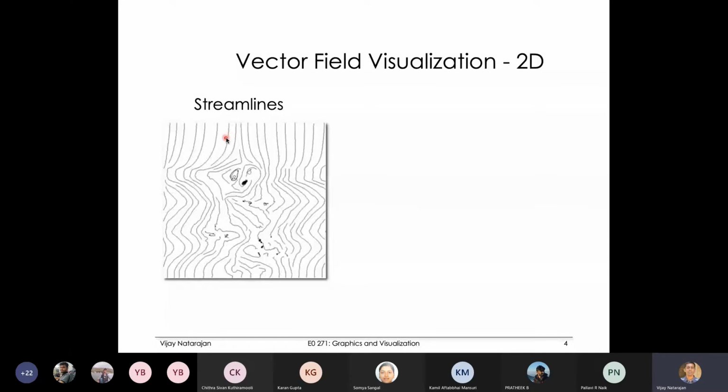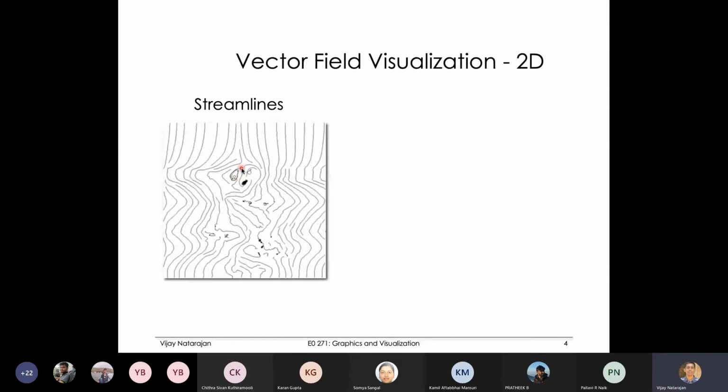So you can quickly see that when the vector goes to 0, which is what will happen when you have something like a sink, a sink point where all the vectors plunge towards it, you may have a sink somewhere here where the vector goes to 0. So there is no streamline associated with it. In the neighborhood of a sink, you will have vectors that point towards it.